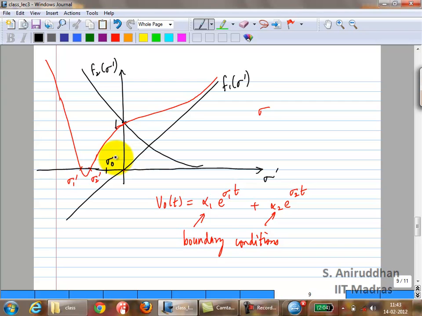I'll call this sigma naught prime, which is minus 1. What will the two functions look like in that case? Of course, f1 looks the same. What will f2 be? It becomes 1, right? That will just look like this.